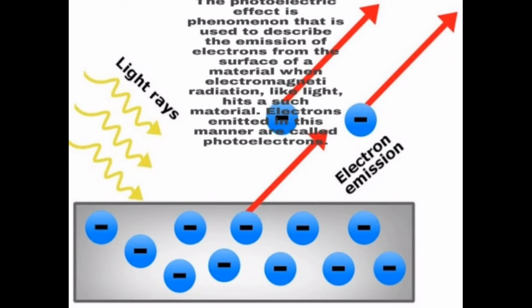So when the surface of a material is hit by light rays, it emits electrons. That is what the photoelectric effect is. It is one of the ways in which you can detect the wave and particle duality of light. So that is one of the proofs.